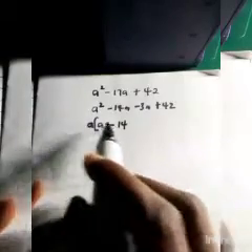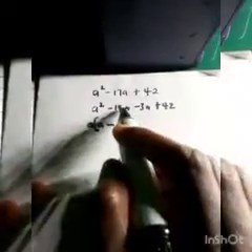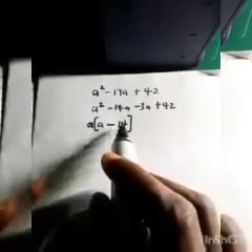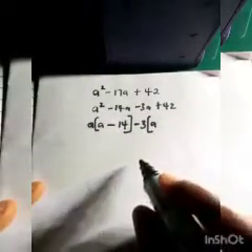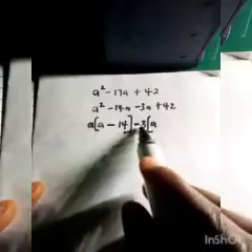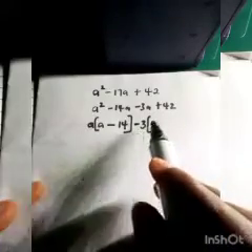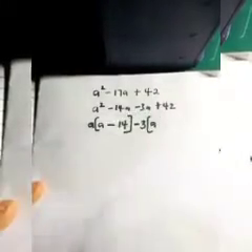A multiplied by 14 will give us 14a. And minus 3 is minus 3. You bring it down here into bracket. This a, you bring it down here. Now look closely. Minus 3 multiplied by a give us minus 3a.